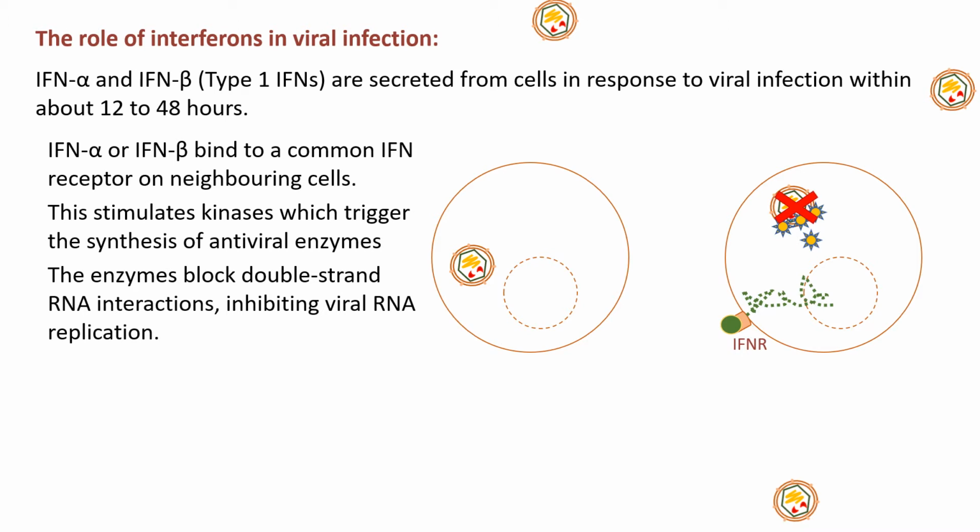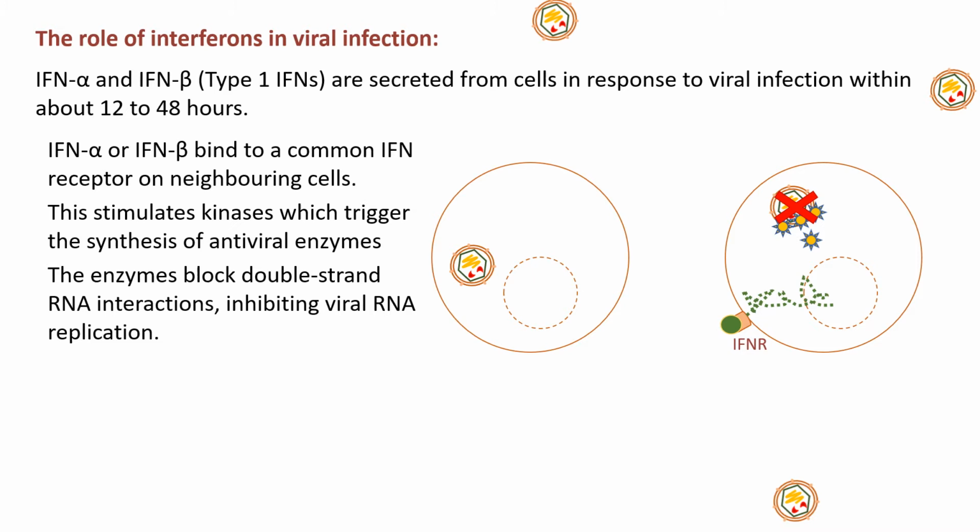The enzymes go off and they block double-strand RNA interactions. In other words, our RNA genome from the virus can't make a template, so it can't replicate its own viral RNA.